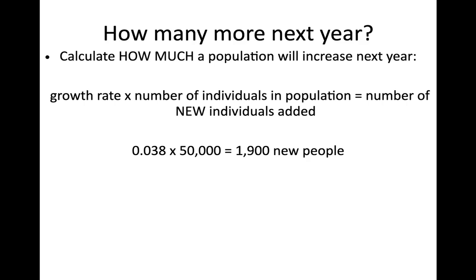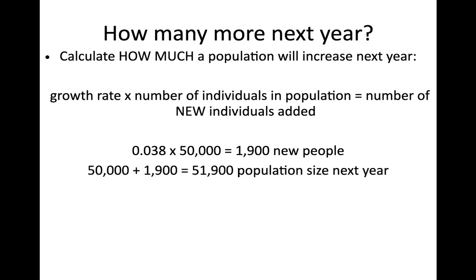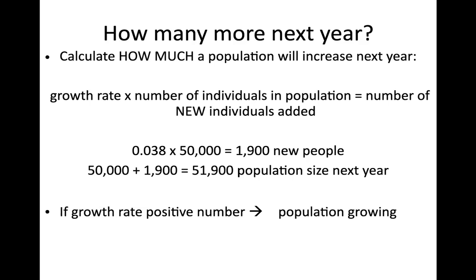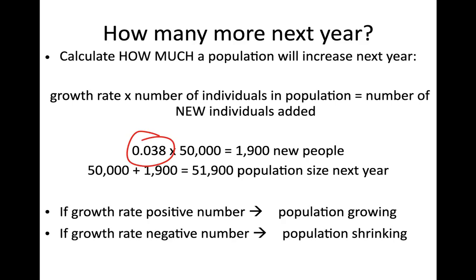So the new total population will be 51,900. If the growth rate is a positive number, remember this is the growth rate, that means that the population is growing. If it is a negative number, that means the population is shrinking.